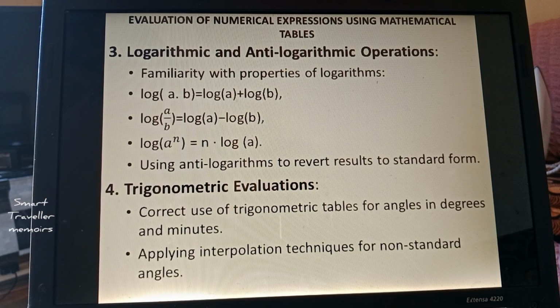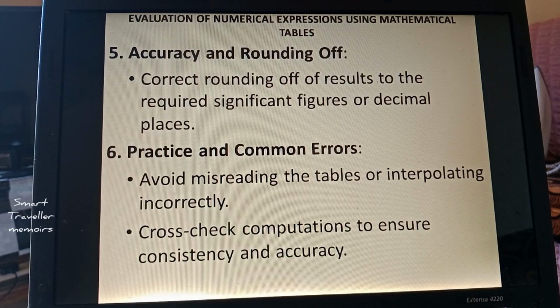4. Trigonometric evaluations. Correct use of trigonometric tables for angles in degrees and minutes. Applying interpolation techniques for non-standard angles. 5. Accuracy and rounding off.